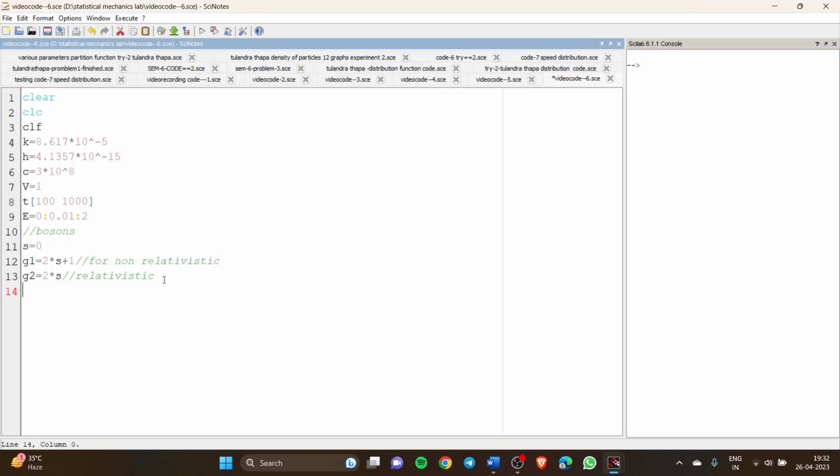What we can do is define the value of, for bosons, we have to take mass also.